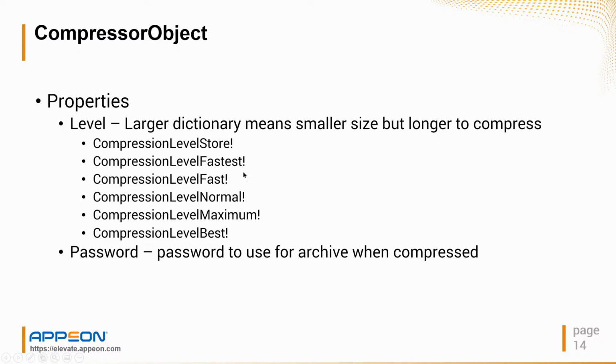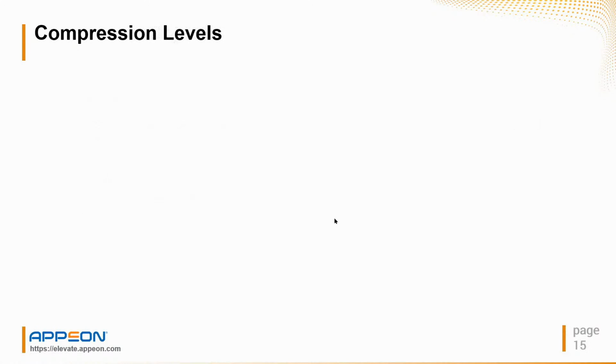This is an increasing order of compression, but it's also an increasing order of the time it takes to do the compression. And then the password property: if you set the password property on the compressor object, when it creates the compressed file, that file will be passworded. When you send that file to somebody else, they will need to supply that password in order to extract the files back out.